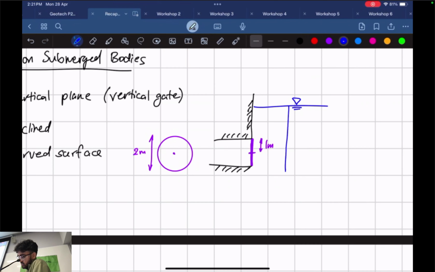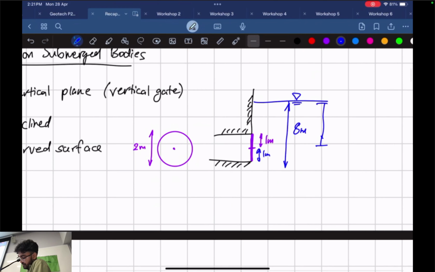If this is, let's say, 8 meters, and this is 1 meter down here, then your HC, or your point of application as well, is going to be 7. Something like that. I think some practice questions go through it this way rather than using the formula.